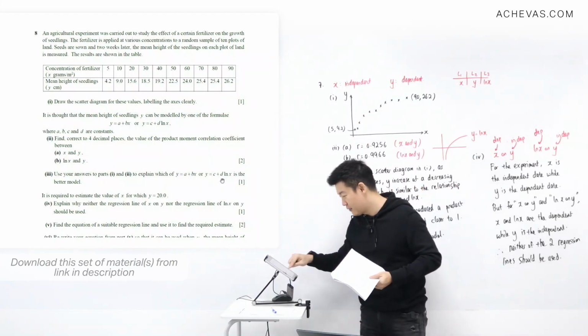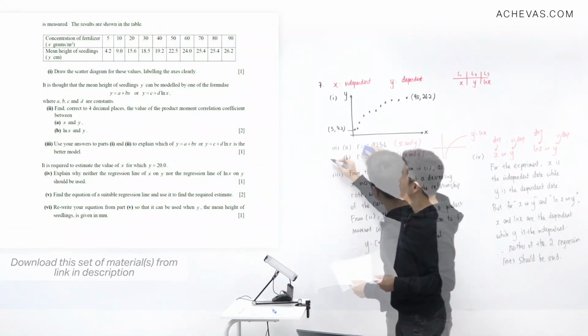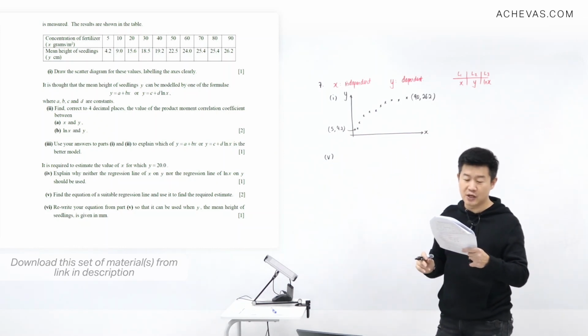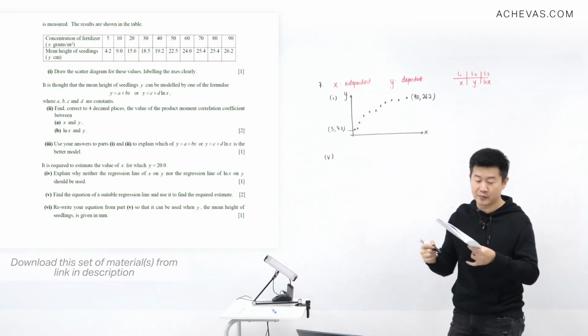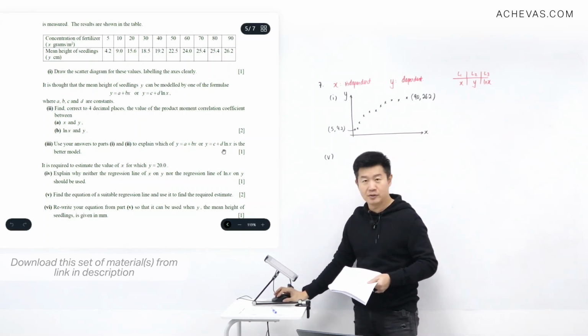Next, part 5. In part 5, we are supposed to find the equation of a suitable regression line. So it must be one where x is the independent and y is the dependent. And from the previous discussion, we are going to choose this model, right?